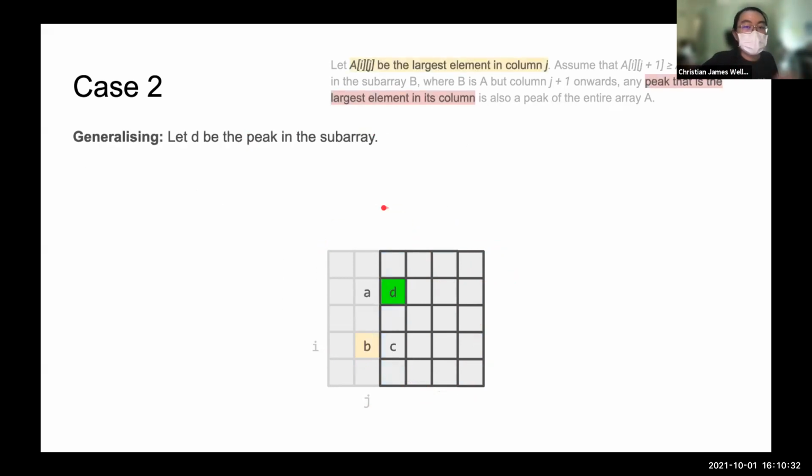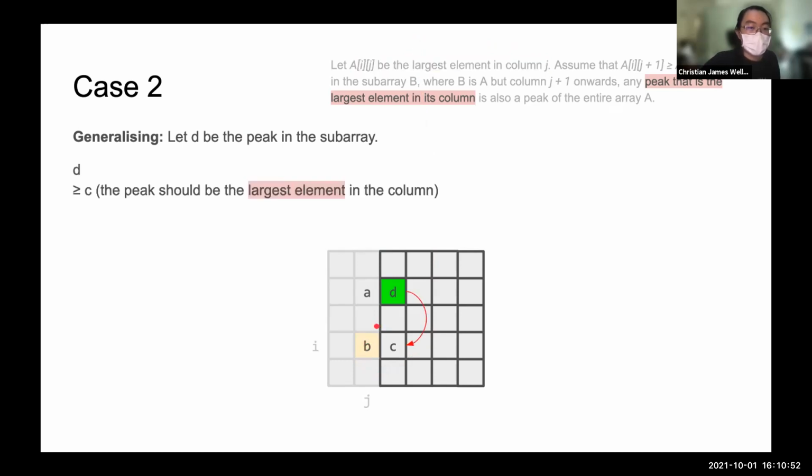So I'll go through the proof a bit fast, because we did it last time, but refreshing again. The important elements are these 4 elements, A, B, C, and D. Remember that the element B is the largest element in its column, column J. The element D is greater than or equal to C because it is the largest element in its own column; by our algorithm, we find this particular element as the largest in its column.